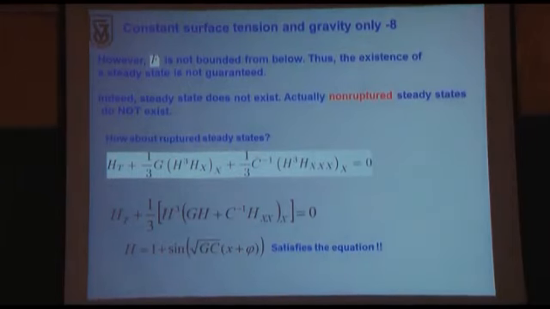I will show you. Basically, what happens, I should be cautious: non-ruptured steady states do not exist. Non-ruptured means the local thickness of the film, if somewhere at some time it becomes 0, then the film is ruptured.